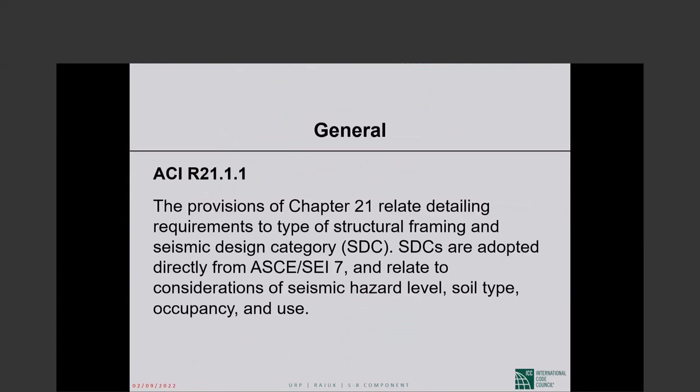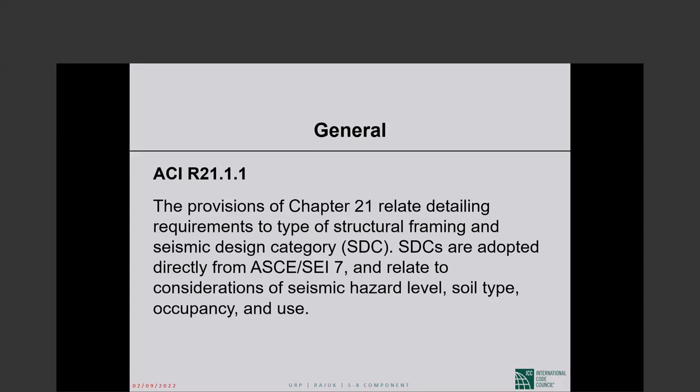So this is the commentary to the scope section of Chapter 21. This is the very beginning, but this is commentary. Whenever you see R, that is commentary, not an ACI provision. The provisions of Chapter 21 relate detailing requirements to type of structural framing and seismic design category.